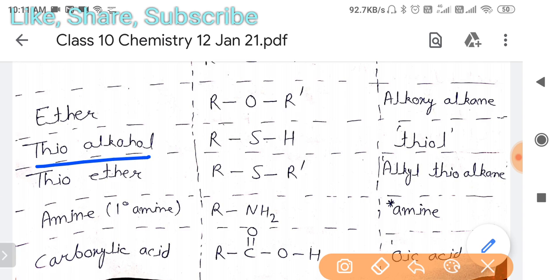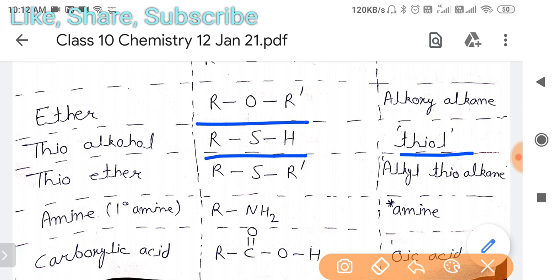Thioalcohol: a little bit you have to keep in mind, and a little bit you can understand by their structure. Thio always represents sulfur. Thioalcohol means that instead of oxygen, sulfur is present, RSH, with one hydrogen, compared to ROH in alcohol. It is represented as thiol.